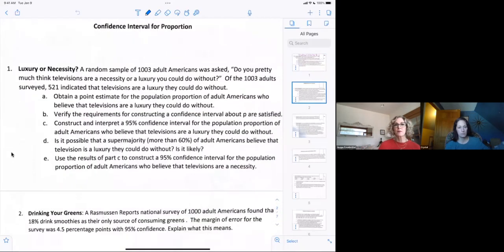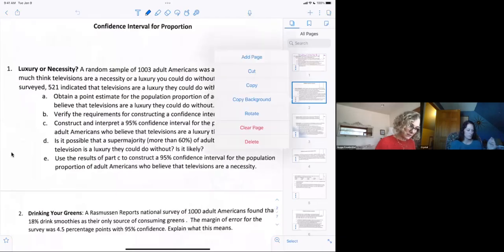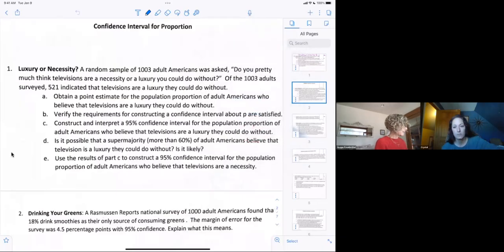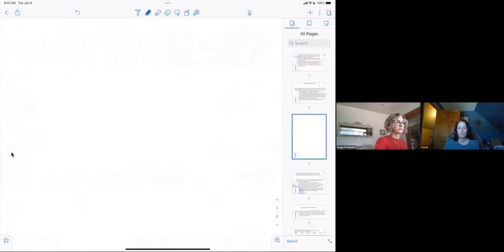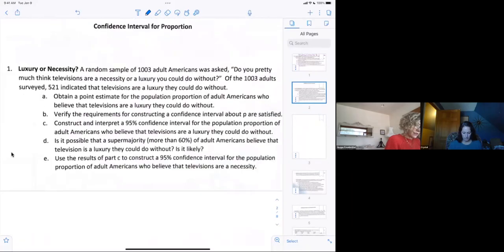Confidence interval for proportion, luxury or necessity. A random sample of 1003. So there's a random sample. This is your N.